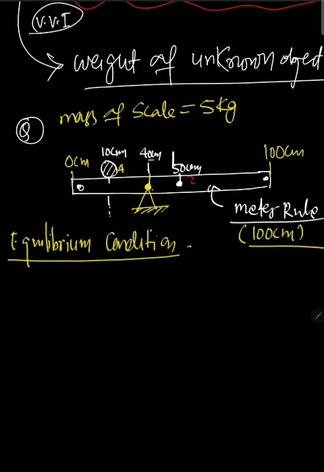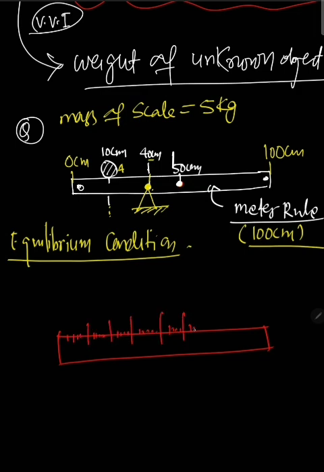So this one is a scale, and we know that for any meter scale, suppose this one is a 1 meter scale, this total length is how much? 100 centimeter. So its middle point will lie at where? 50 centimeter.